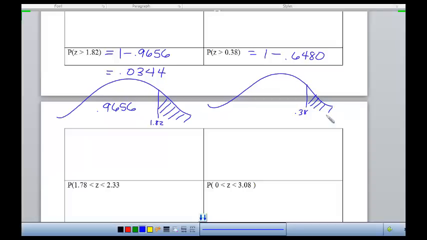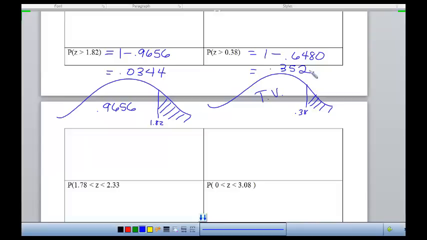So the table value is what we get right here. We're going to do 1 minus that table value, and that comes up to 0.352. Questions about that? All righty.